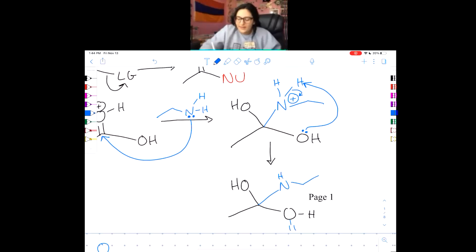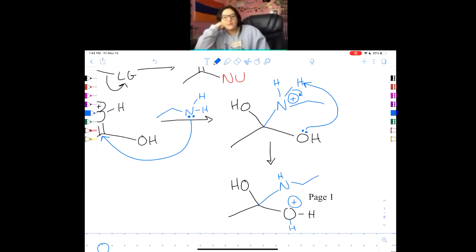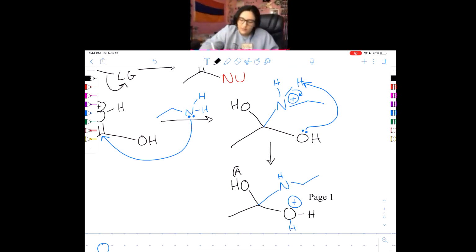Alrighty. So we have a plus charge. And when we say that that's a leaving group now, which one of these, A or B, is going to form the double bond to kick off the leaving group? What do you guys think?